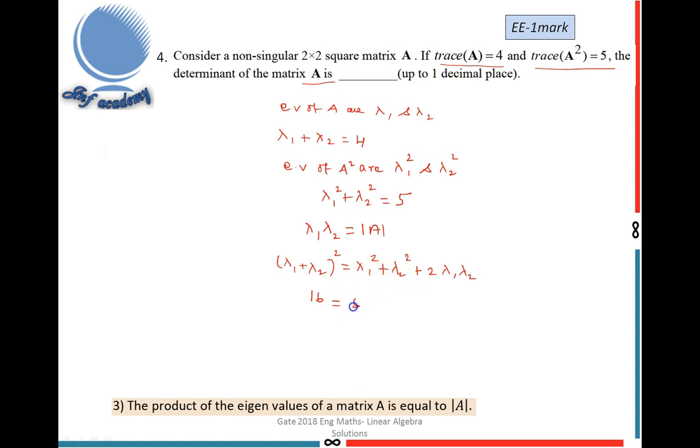So 2 lambda 1 lambda 2 equals 16 minus 5, which is 11. Lambda 1 into lambda 2 equals 11 by 2, which is 5.5. Lambda 1 into lambda 2 equals the determinant of A, so the determinant of A equals 5.5. Up to one decimal place, the final answer is 5.5.